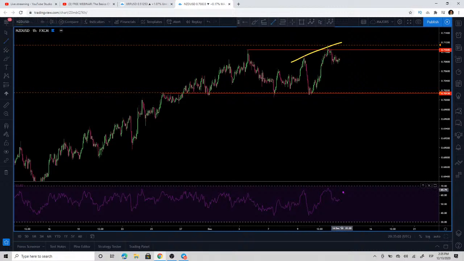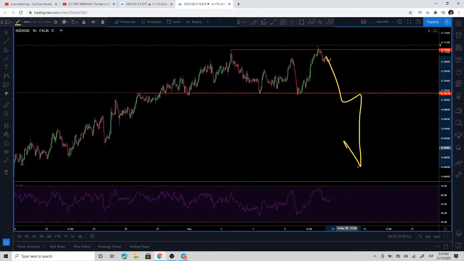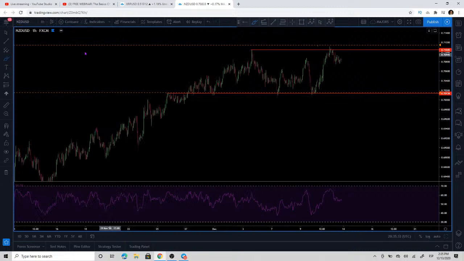Now, if you watched our video on Friday, you know that we are looking to get long on the New Zealand dollar versus the US dollar, and our preferred zone to get long is right here, right? But if this is in fact signs of an exhaustion in this bullish trend, what we are going to be looking for is maybe a break and a retest of this level for us to get short.